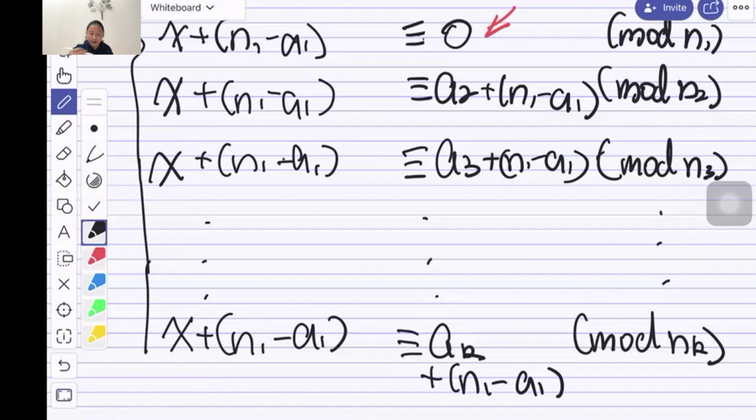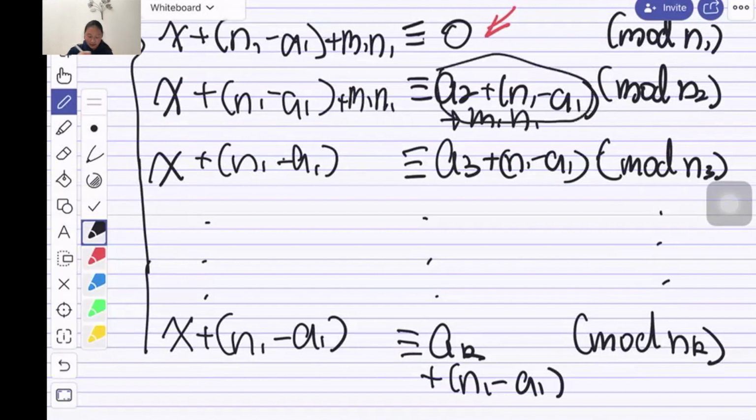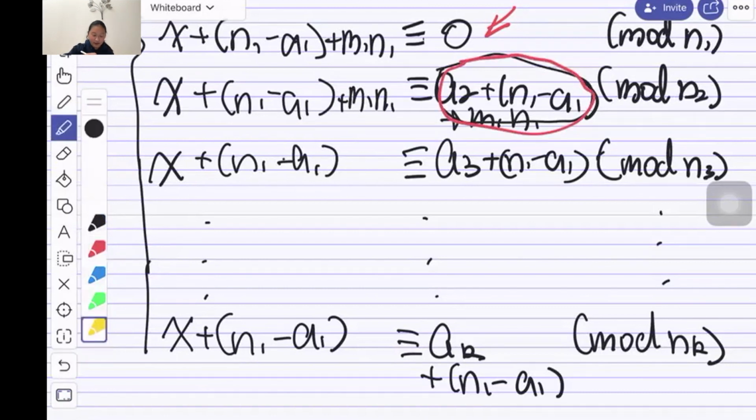So we're going to add a multiple of n1, let's pretend the first time we multiplied was m1 times n1. So we'd have plus m1 n1. This is still 0, remember. We added m1 n1 so that this part here is supposed to be 0. So let's get rid of that and change it to 0.